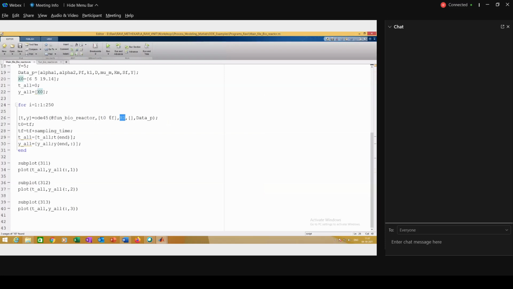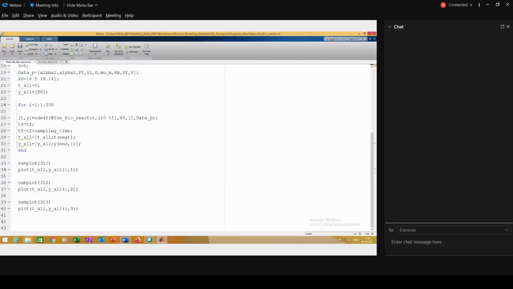But when tf becomes t0, at that time I am not updating my x0 in the for loop. Agree? Yes, sir. Correct? So I need to update that also.